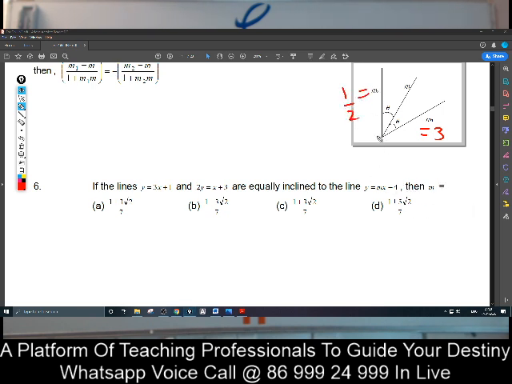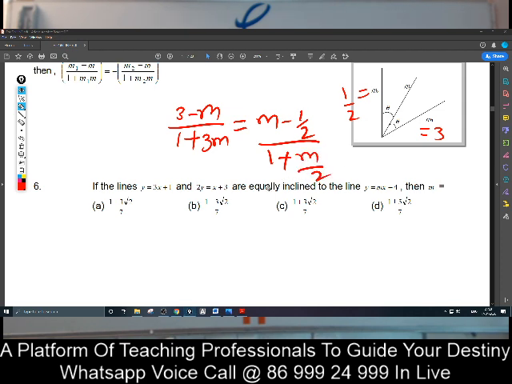M means this is the line. Now apply the formula. 3 minus M divided by 1 plus 3M is equal to M minus 1 by 2 divided by 1 plus M by 2.